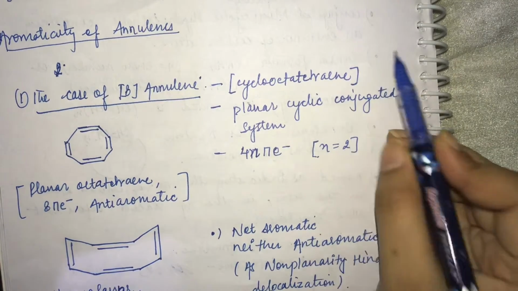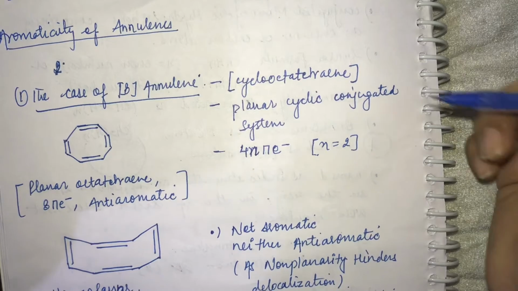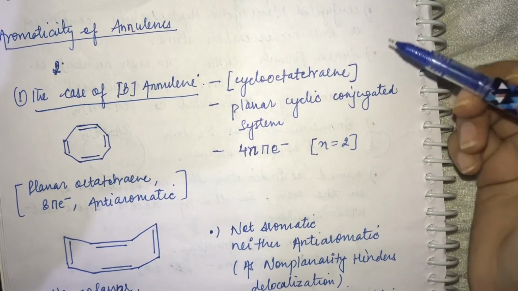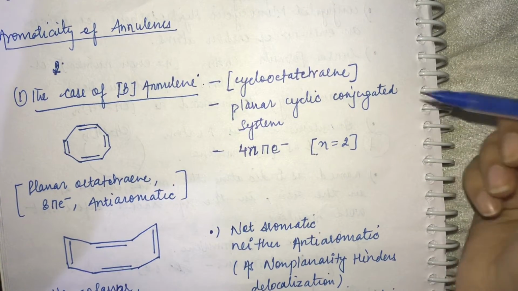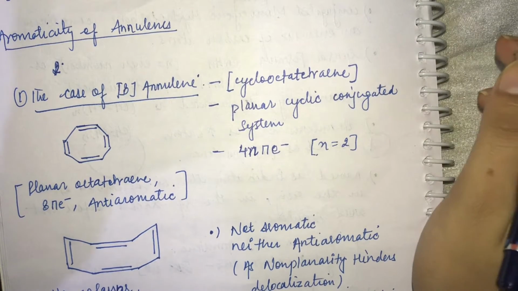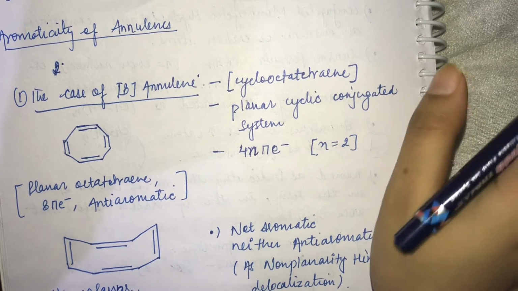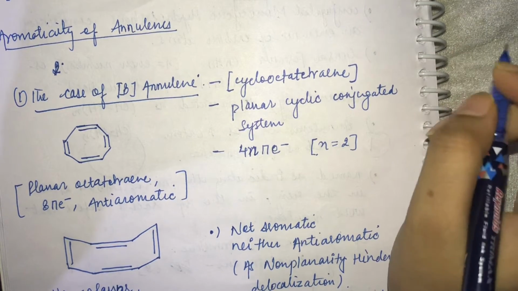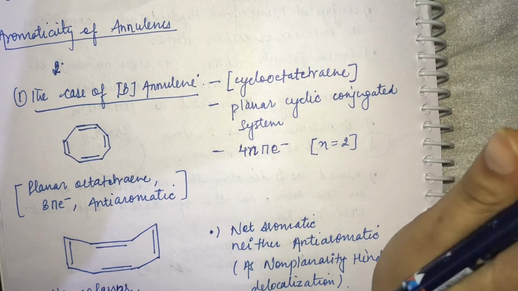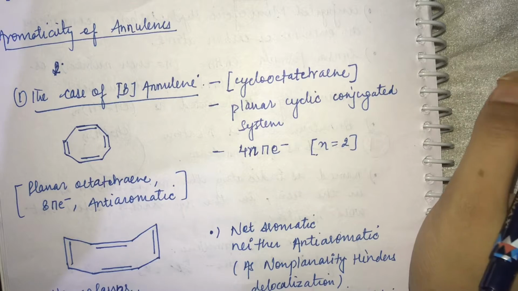And 6-annulene, which is benzene, which is aromatic. And 8-annulene, which is cyclooctatetraene, which is non-aromatic. The behavior of annulenes can be explained on the basis of Huckel's rule, which we already studied in the previous video. And we will take the cases of these annulenes.